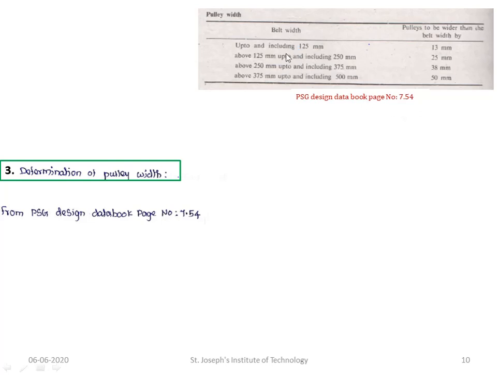For belt width up to 125 millimeter, if you add 13 millimeter, you will get the pulley width. Here my belt width is only 76 millimeter, so I add 13 millimeter to that 76 millimeter to get the pulley width.